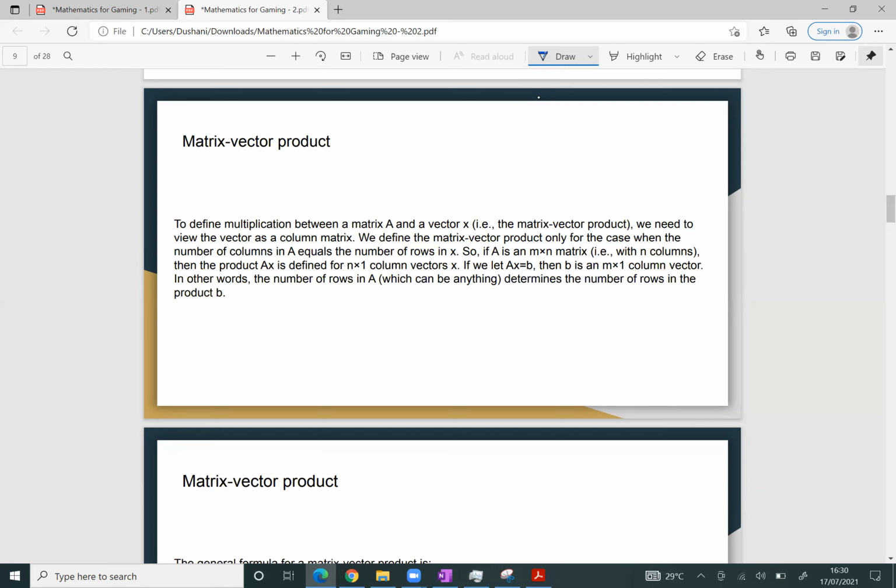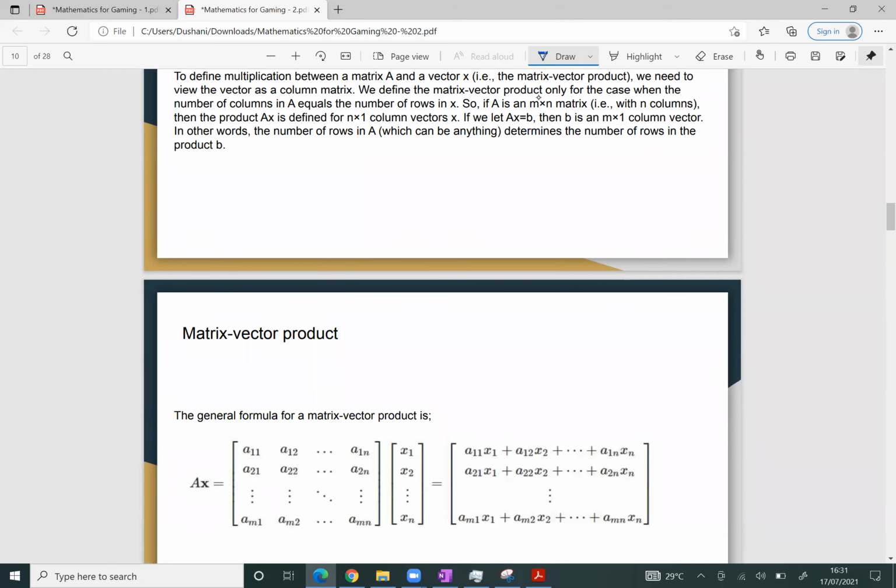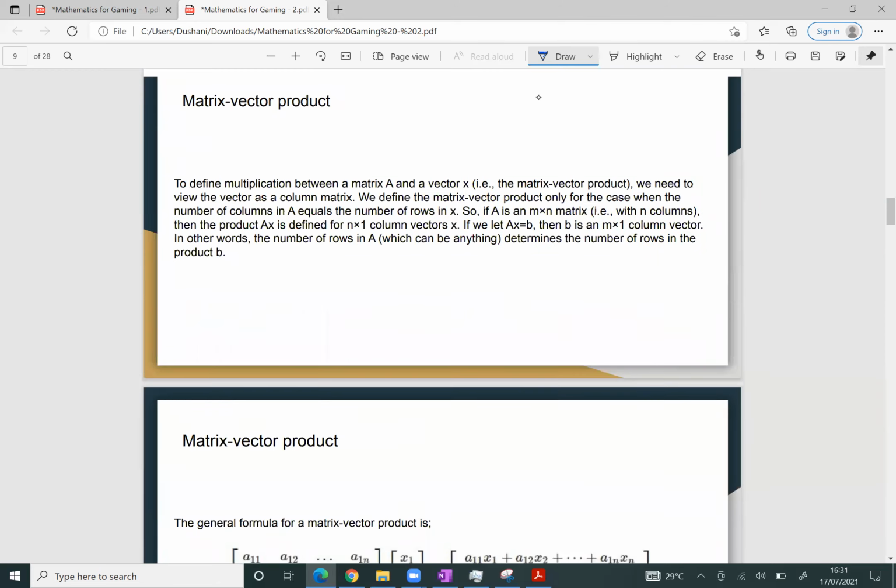Scalar multiplication is much simpler than matrix multiplication. When multiplying matrices, the elements of the rows in the first matrix are multiplied with the corresponding columns in the second matrix.